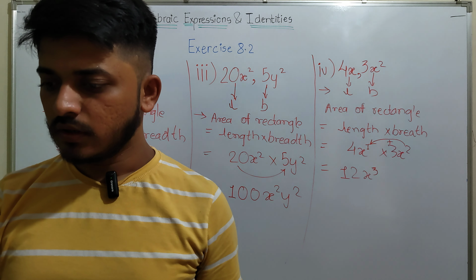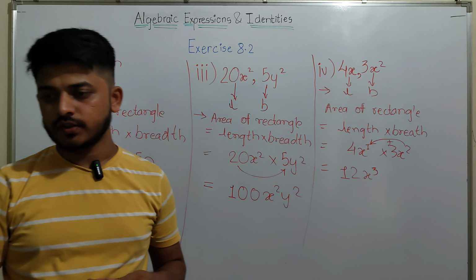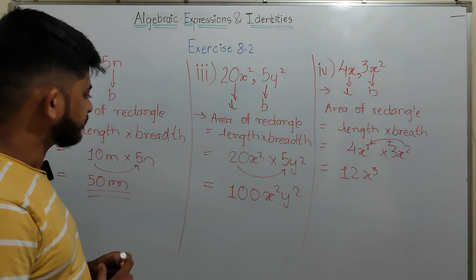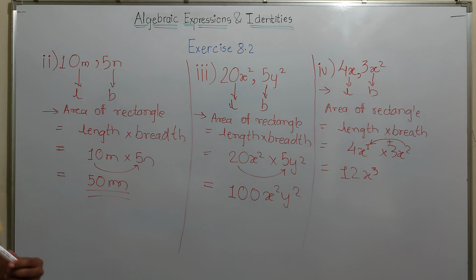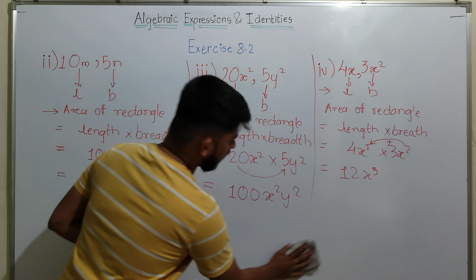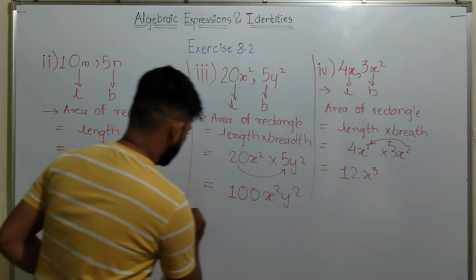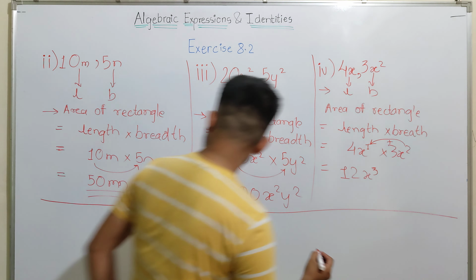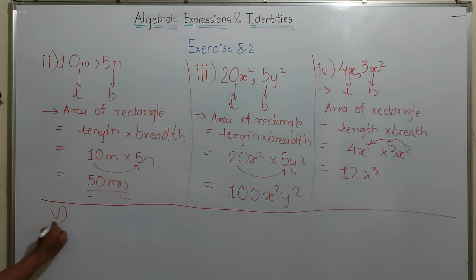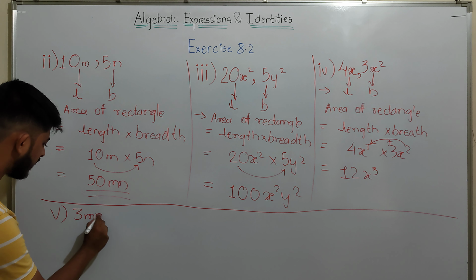Now moving towards the last and best question of the second sub question, 3mn and 4np. I'll solve it over here only. I have a little bit of space. I'll write it over here, the fifth one. It's quite easy and you do not need a lot of space.